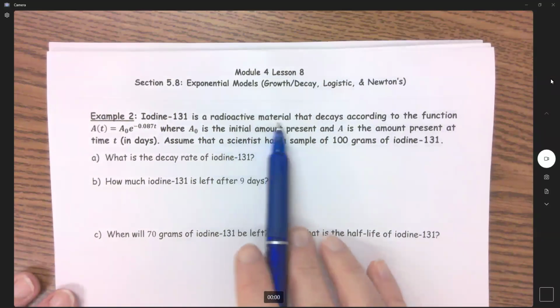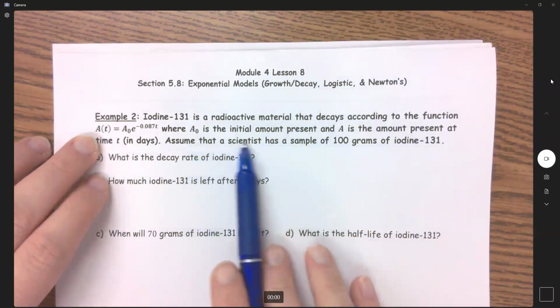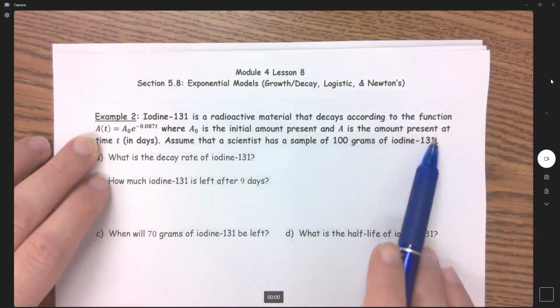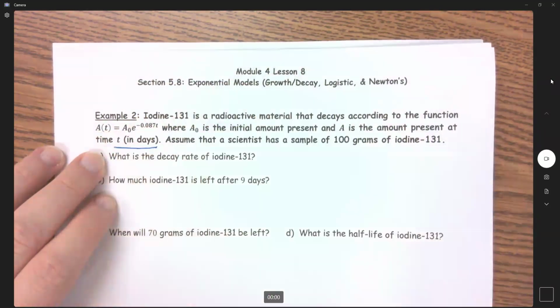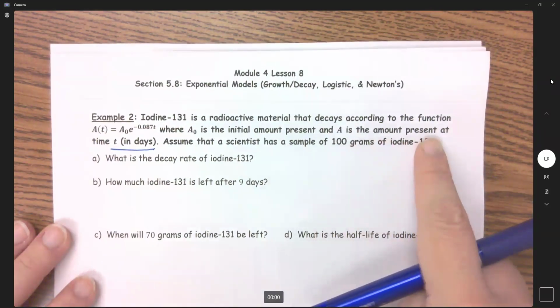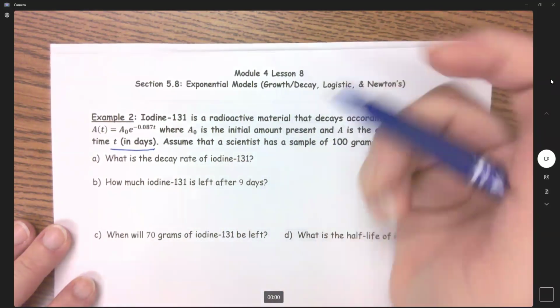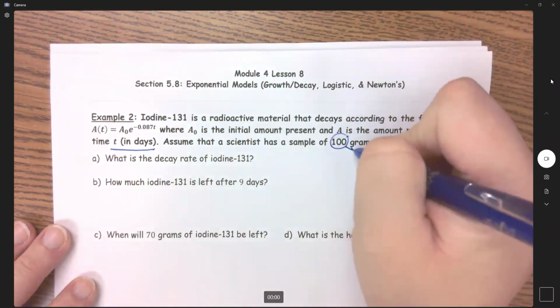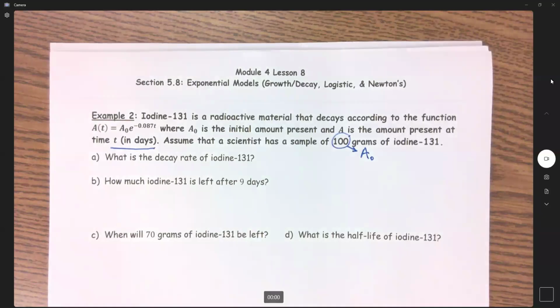So it's a radioactive material that decays according to the function A of t, where A naught is the initial amount present and A is the amount present at time t in days. So we're in t in days, and A is the amount present. So assume that the scientist has a sample of 100 grams of iodine 131. So this right here is my A naught. That's my initial amount right there.